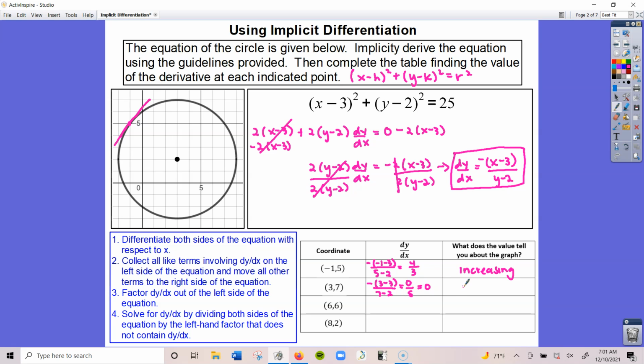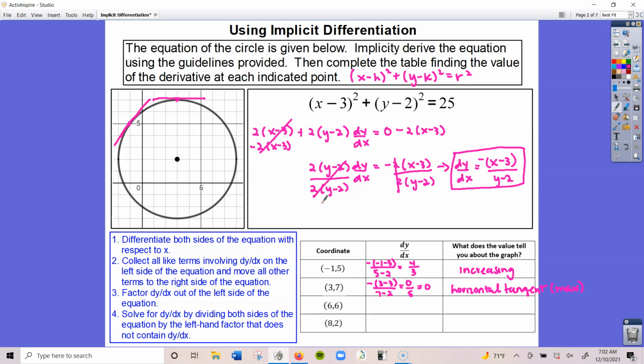If my derivative is equal to 0, that means that I must have a horizontal tangent. Now let's check that on the graph. At (3, 7), 1, 2, 3, and then this is 2, 5, 7 right here. Here we have a maximum. Therefore, I have that horizontal tangent.